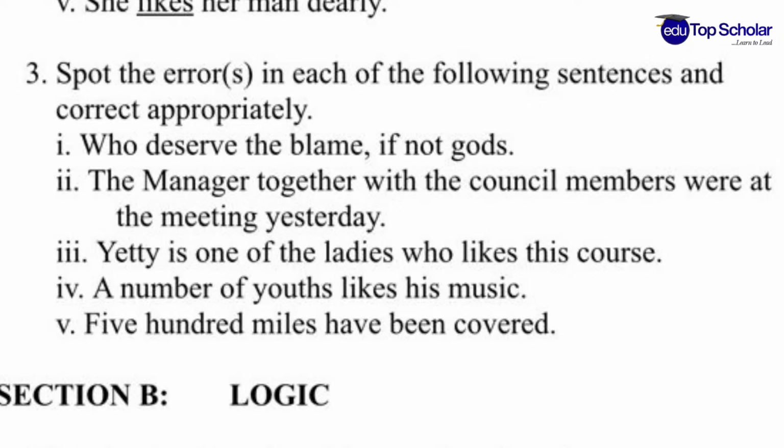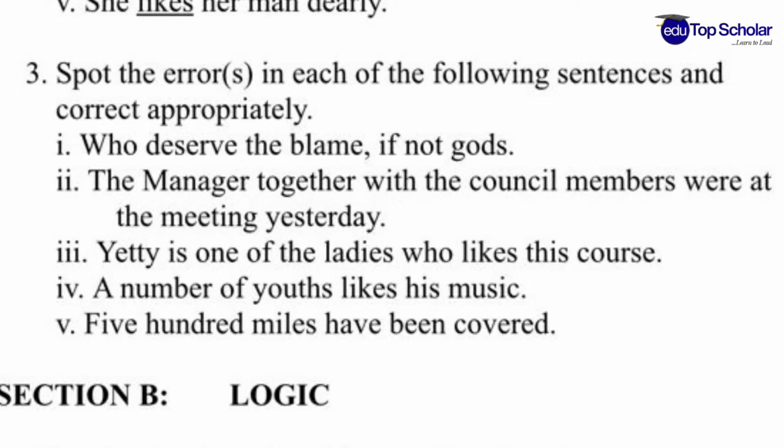Then number 4, a number of youth likes his music. In some textbooks, some authors will tell you when you have a number of something, because we have a number, they will tell you it is denoting singular subject. It is wrong. That is not true.